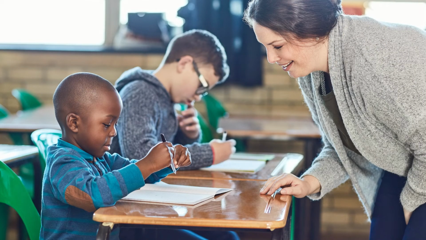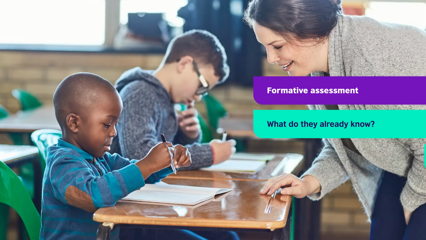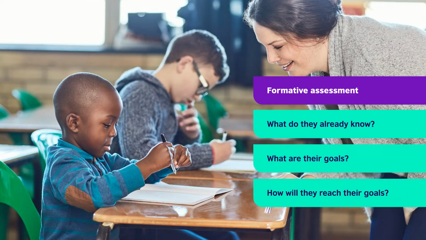AFL is often described as formative assessment because it helps to shape what happens next in learning and is focused on growth and development. It does this by helping teachers and learners think clearly about what the learner knows now, what their next goals need to be, and what they need to do to reach those goals.